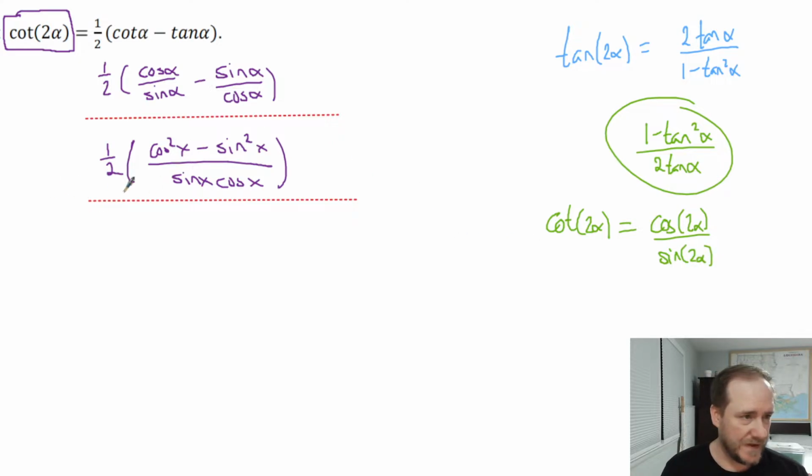And we've already got that, because they very generously gave us this factor of 1/2, which is going to pop a 2 down here into the denominator, and then 2 sine x cosine x is sine of 2 alpha. So actually this is a really simple identity to prove, because up here in the numerator, we can already turn that into cosine of 2 alpha.